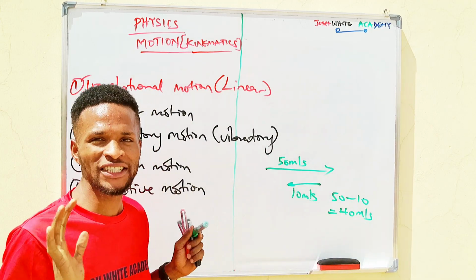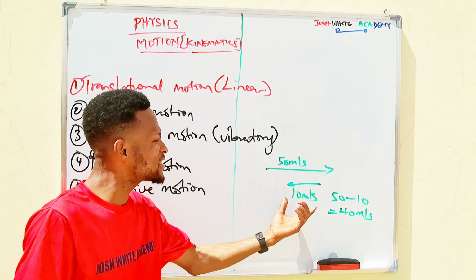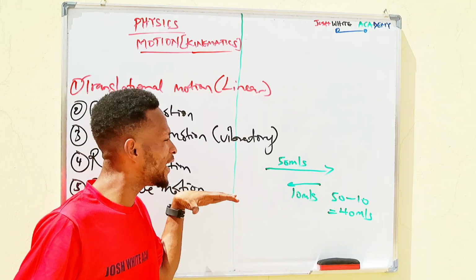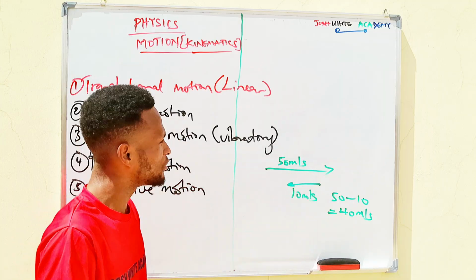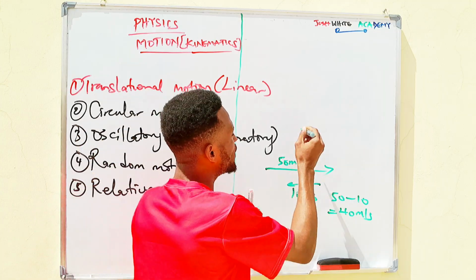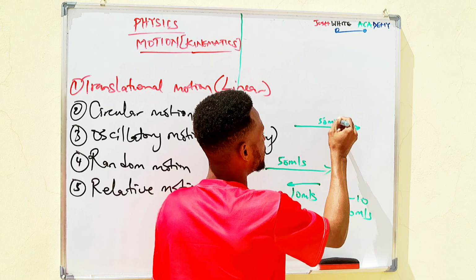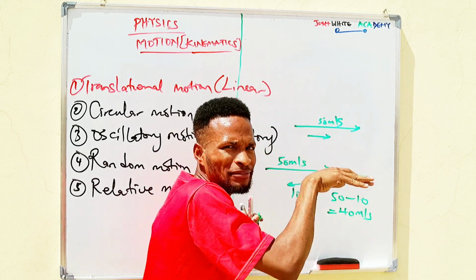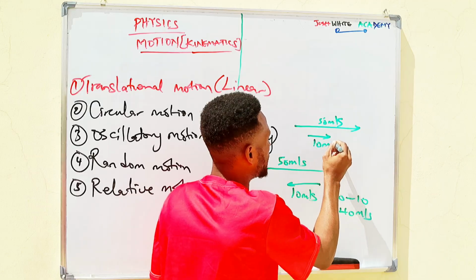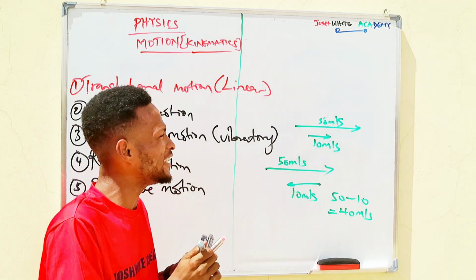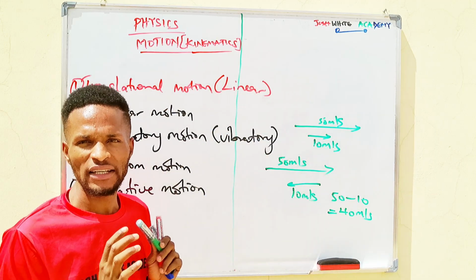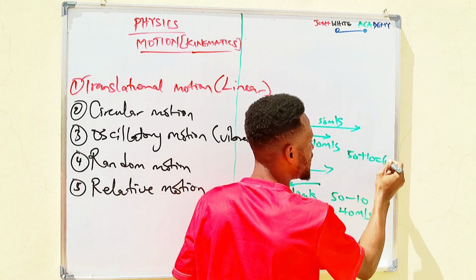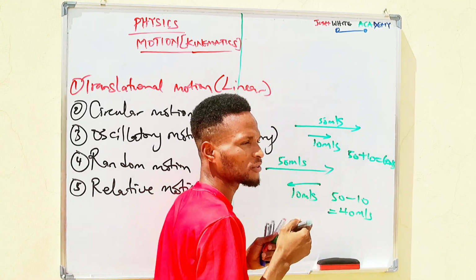If they are moving in opposite direction, that means the person who is moving backward has a lower velocity compared to the moving vehicle. And if the vehicle is moving, let's say 50 meters per second, and the person is moving in the same line, in the same direction, at 10 meters per second, the relative motion is the sum of both vectors, which is 50 plus 10, which will give you 60 meters per second.